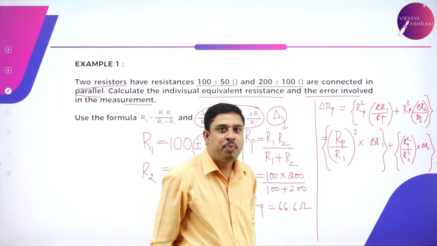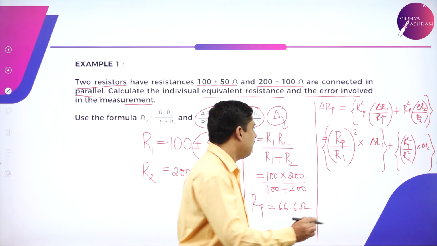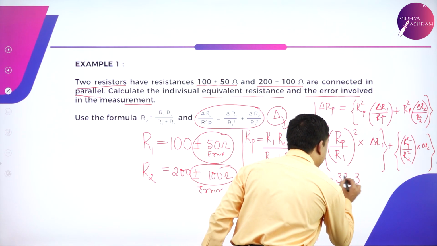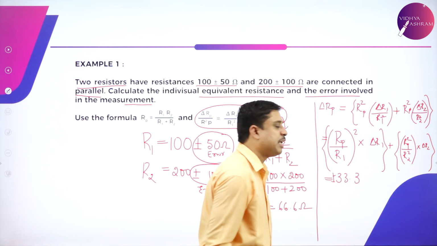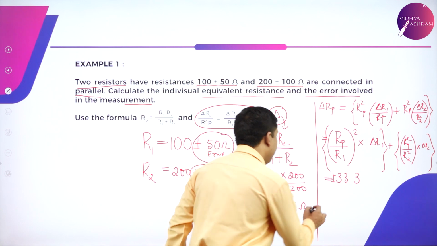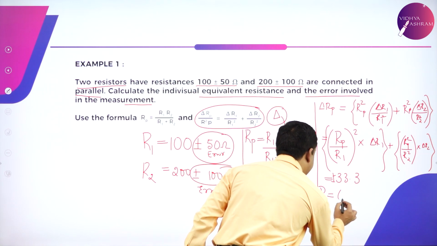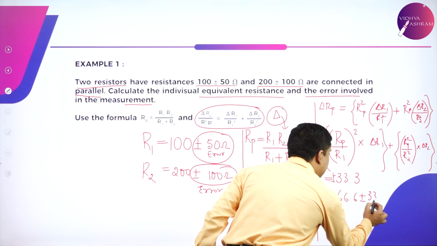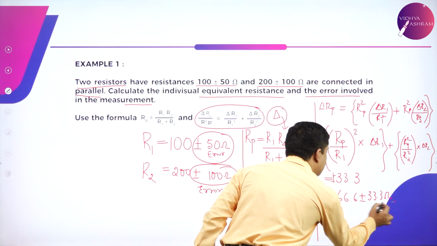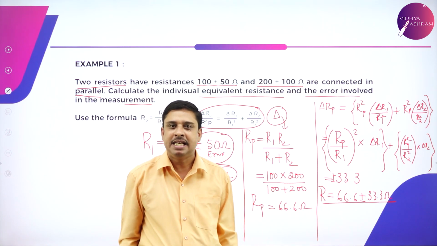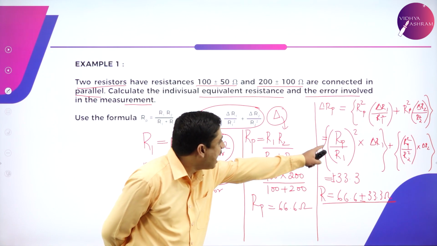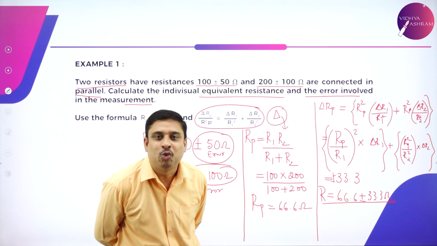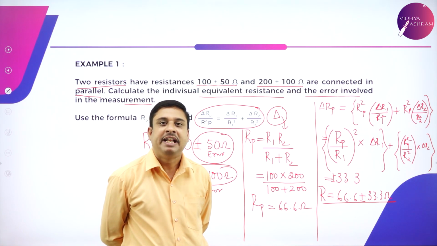Delta R2, plus or minus 100. When you substitute, error turns out to be plus or minus 33.3. Therefore, the final resistance is 66.6 plus or minus 33.3 ohms.